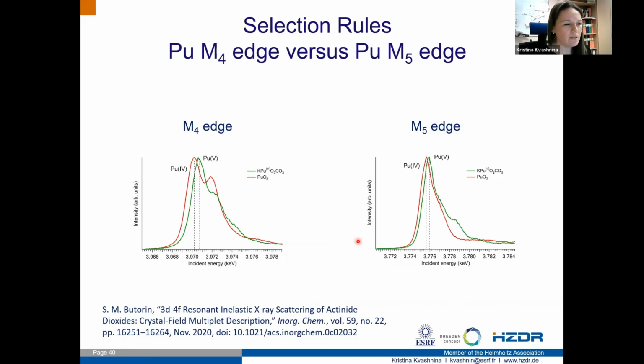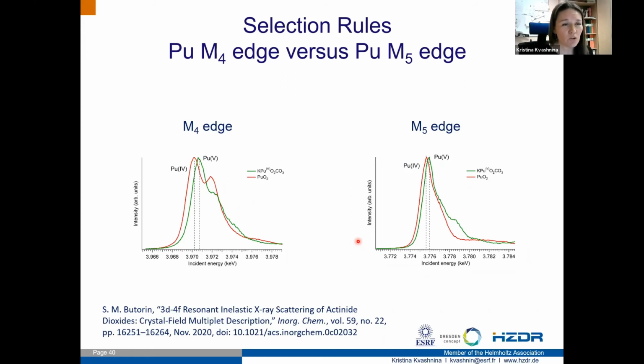And Sergey recently published a very nice review paper where he reported the theoretical calculation and discussed the difference between M4 and M5. He reported not only HERFD data, but also RIXS data, and goes even further.